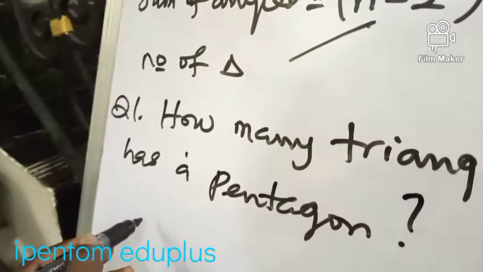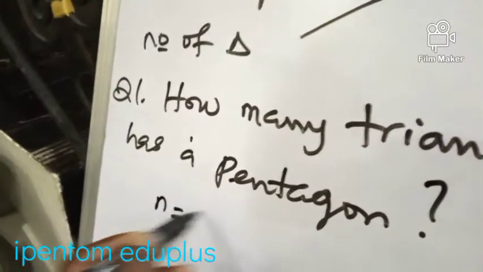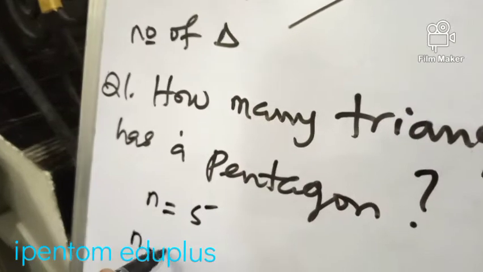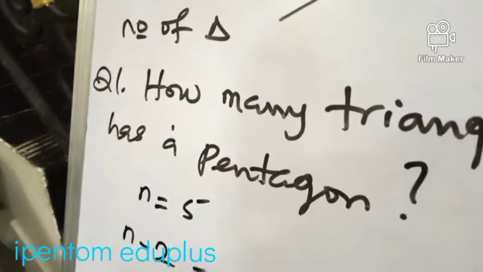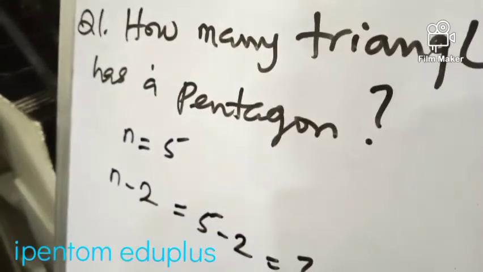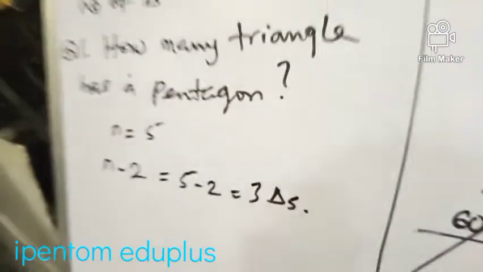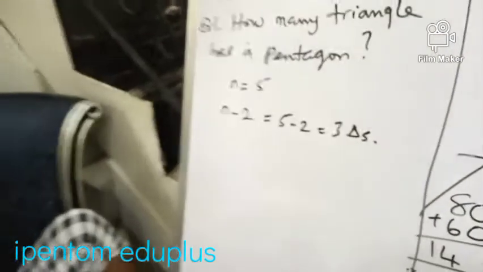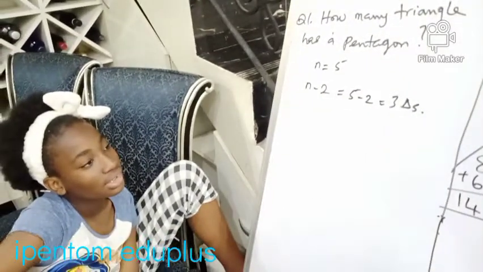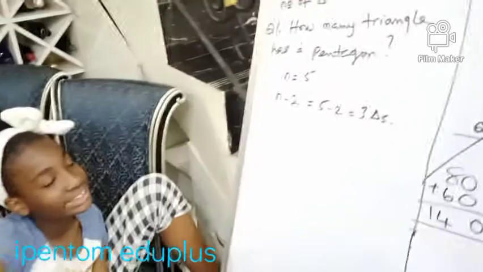Actually, the number of sides is 5, but n minus 2 represents the number of triangles. That would be 5 minus 2, which gives me 3 triangles. So how many triangles does a decagon have? 10 minus 2, which is 8.